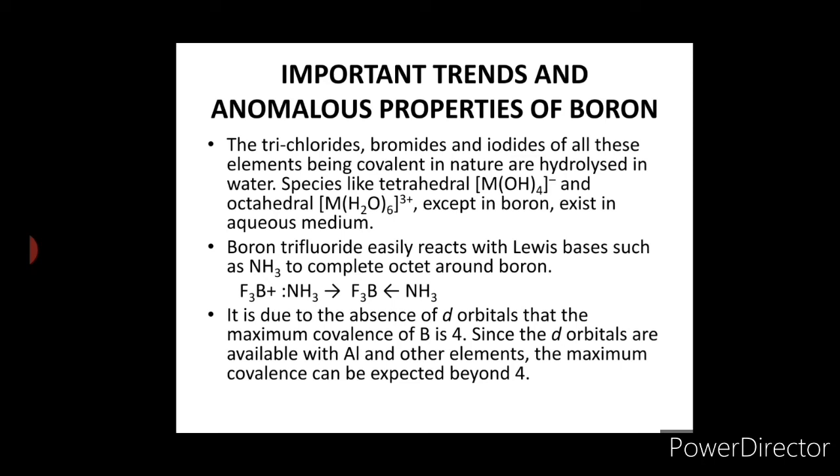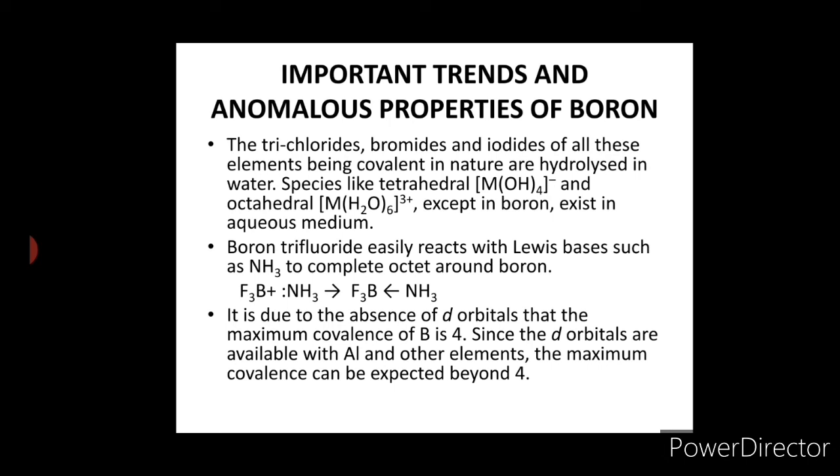Now, the important trends and anomalous properties of boron. The first element of the group, that is boron, shows some properties different from the properties of the rest of the members of this family, which is called the anomalous behavior of boron.